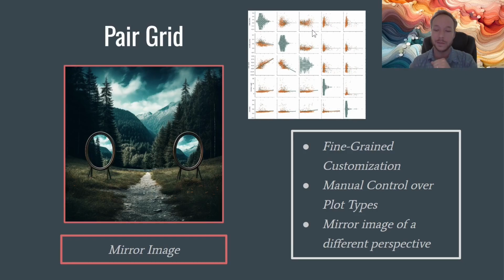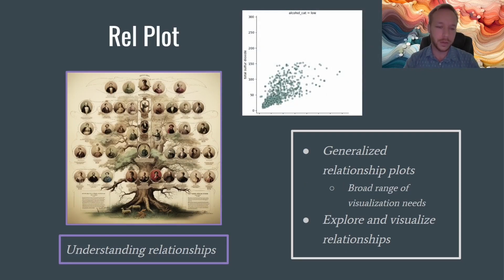Okay. Now the rel plot is a really powerful plot in Seaborn. It's one of the figure level plots, so we're able to separate things by the categories and focus on even subcategories and really see how the relationships are changing. This type of figure level plot pays special attention to focusing on the relationships.